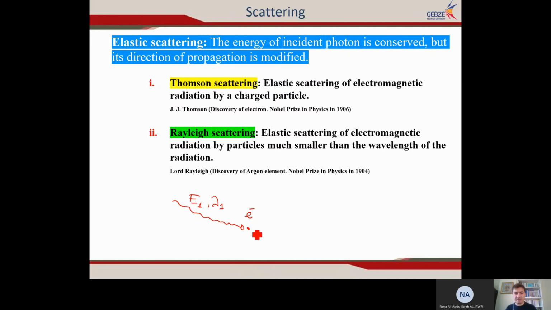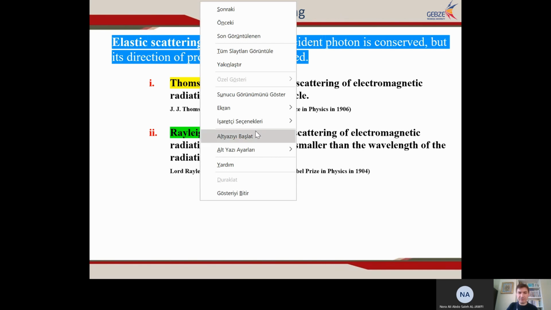This X-ray interacts with the electron and is then scattered in a different direction, and the final energy and final wavelength of this X-ray photon are the same as the initial energy and wavelength. So this is elastic scattering, okay? You may already know this from your previous lectures.